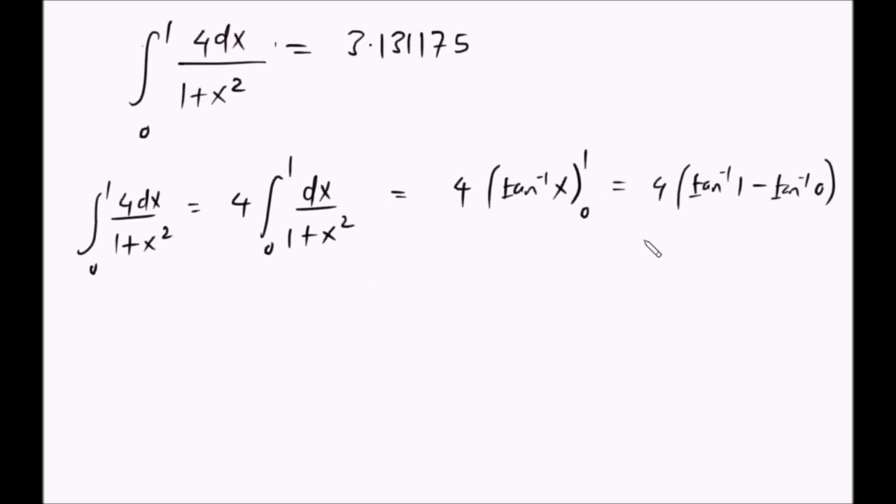So natumia calculator kupata tan of inverse of 1 na tan of inverse of 0. Tan of inverse of 1, kwanza kabisa lazima calculator yangu niweke kwenye radians, usiweke kwenye degrees, okay? So nikitafuta tan of inverse of 1 kwa radian napata ni 0.7853. There's so many decimal places, sijui niishie hapo. Okay, hapa tuweke 4 minus tan of inverse of 0 now by my calculator is 0.